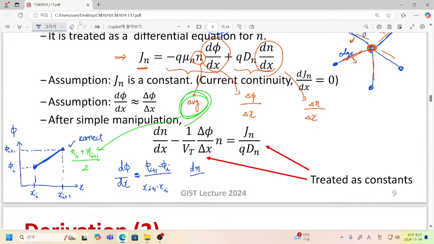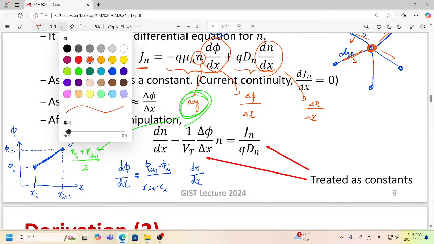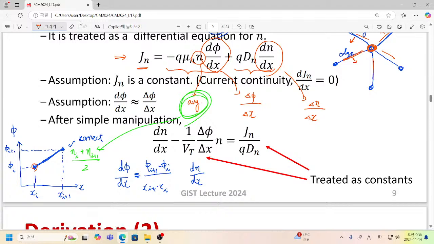For example, now we wanted to calculate dn over dx. How does it look like? In this equilibrium case, by taking the exponential of phi i, we can find a certain n i value. Also, by taking the exponential of phi i plus 1, we can find another value corresponding to n i plus 1.